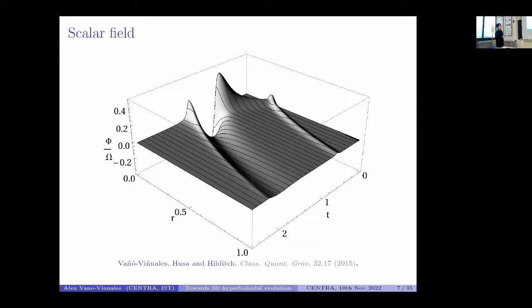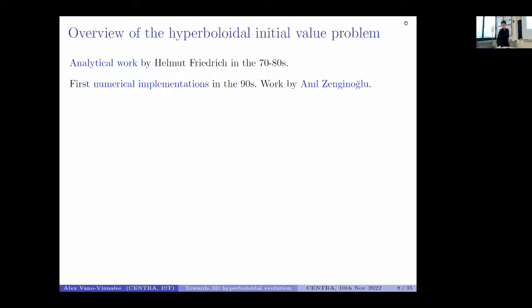And here we see the signal that we would see at null infinity as well. Something relevant is that the speed of the propagating fields, which travel at the speed of light, is finite at null infinity. So this is reached at a finite time, and numerically it works well.